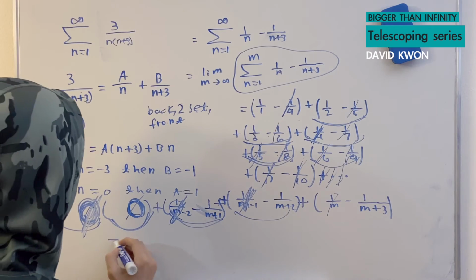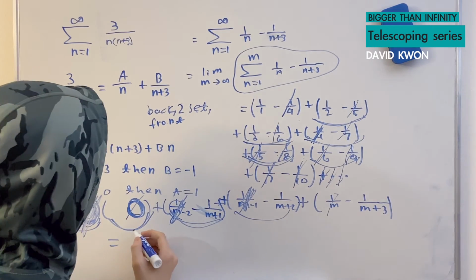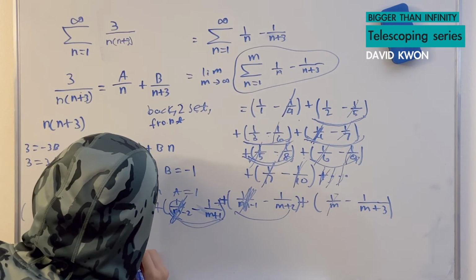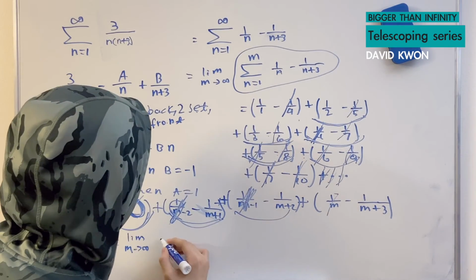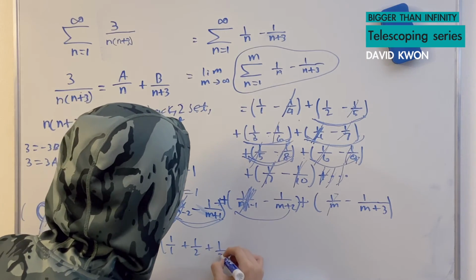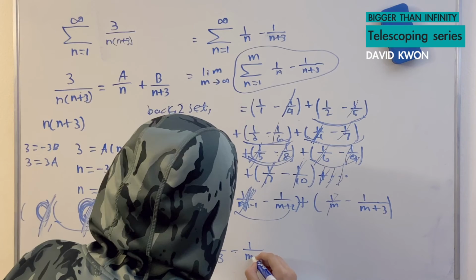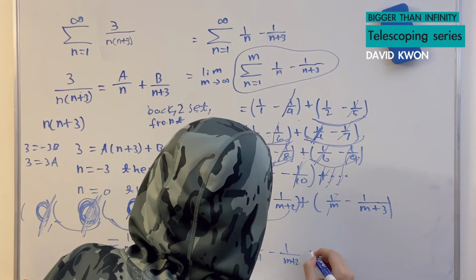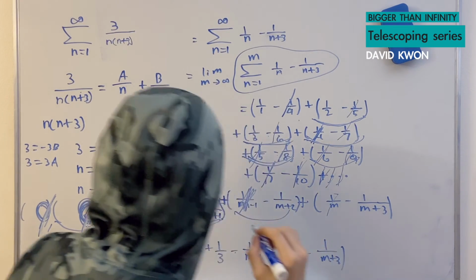That means we get a step closer to our answer, which is, as the limit of m approaches infinity, we have 1 plus 1 over 2 plus 1 over 3, and then a minus 1 over m plus 1, and another minus 1 over m plus 2, and another minus 1 over m plus 3.